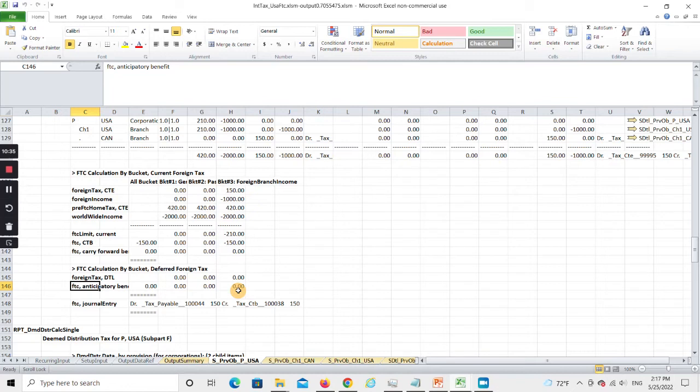So even in our simple situation, we can see that the engine is thoroughly considering all the situations to get the foreign tax credit benefits not only for the current period, but also for the future periods as well.